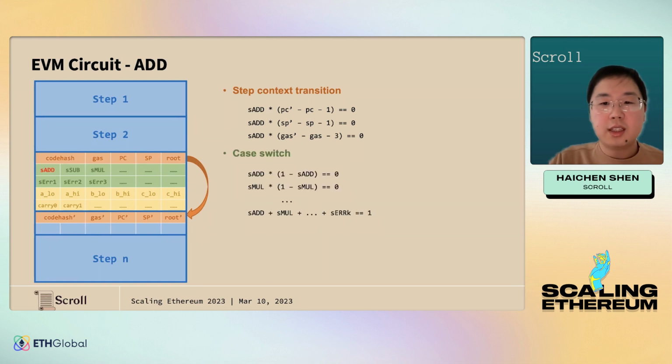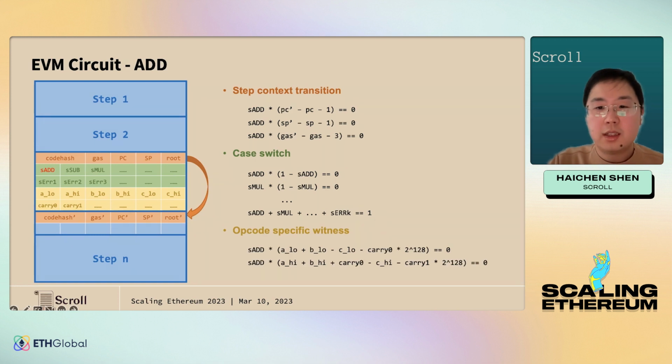That means only one of the cases will be selected, in this example the add case. So first you need to prove that each opcode selector will be 0 or 1, and then finally you constrain that all of them sum to 1. And then last will be some opcode-specific witness.